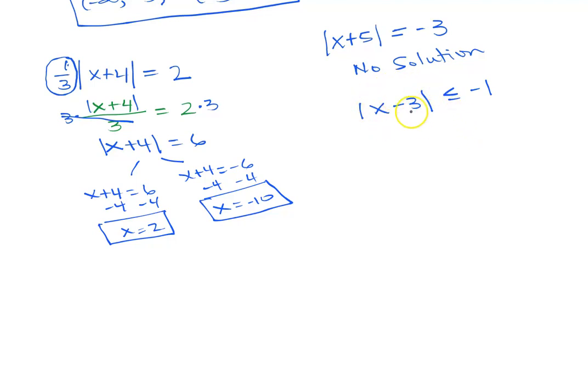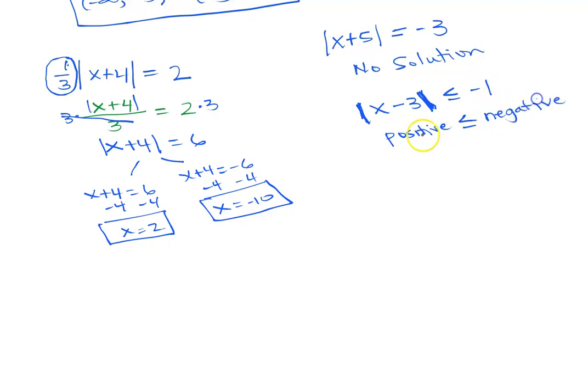So again, on this one, if we're taking the absolute value of this, whatever it is, it's going to have to turn out to be a positive number, right? So I don't really care what number it is yet, but it has to be positive. And so I'm saying a positive number is less than or equal to, well, that's a negative number, right?